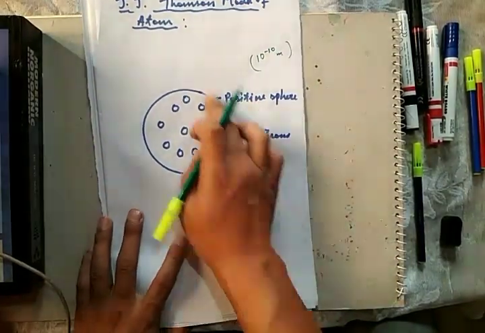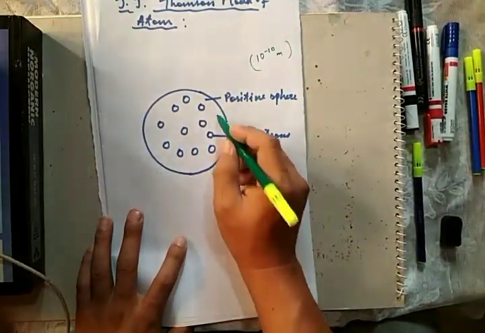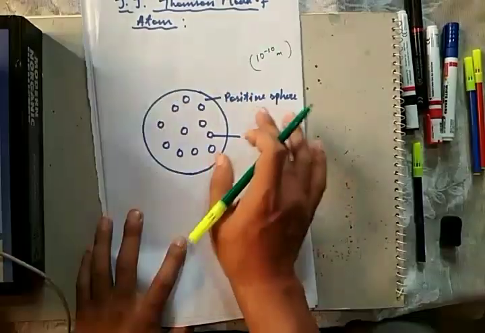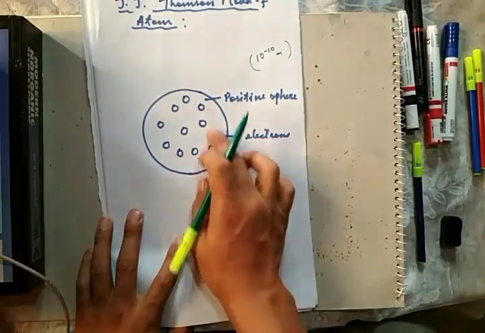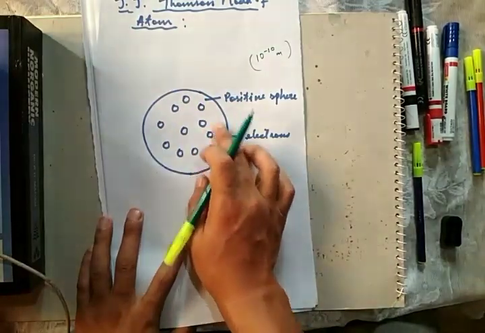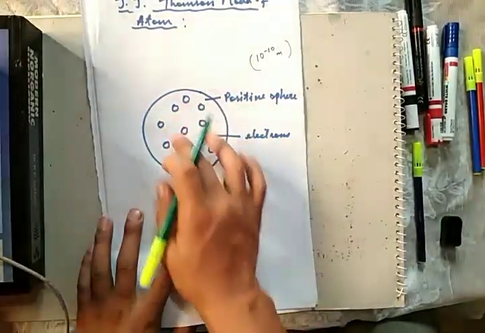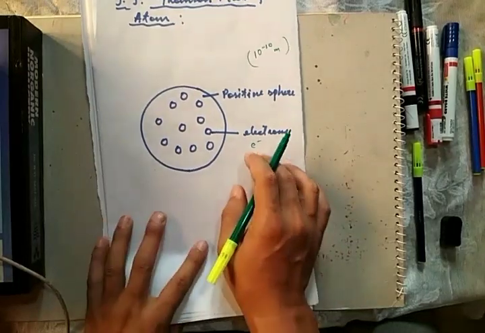He considered this sphere, or this cloud, to be positively charged, and the electrons are embedded, uniformly distributed, in this sphere of positive charge. The electrons are negatively charged.